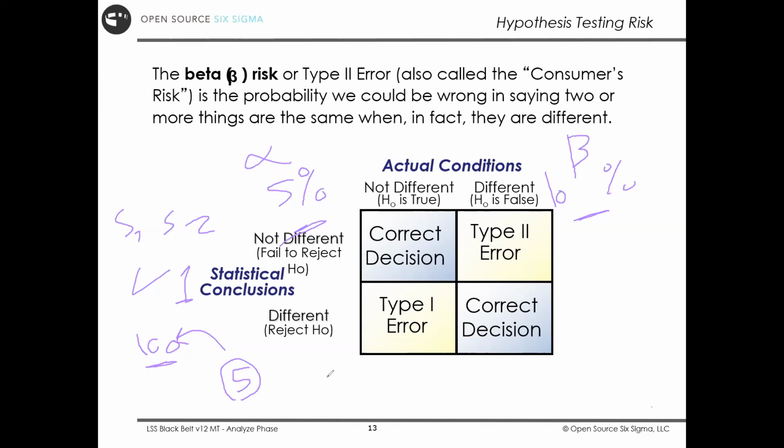On the other hand, beta, 10%. It means if you repeat it 100 times in a row, there are 10 times out of 100 in which the p-value, which will come from any statistical package, or even manually if you are a statistician, will tell you to accept the null, which means no difference, while actually they are really different.